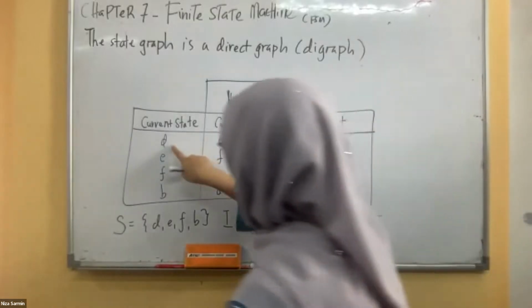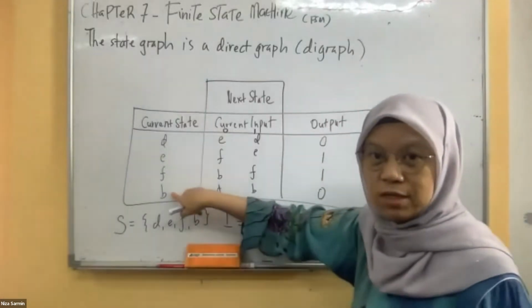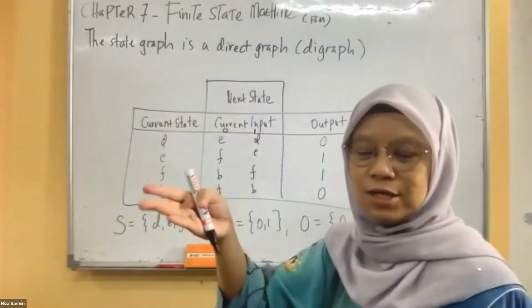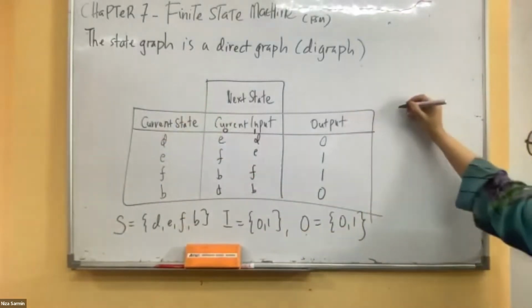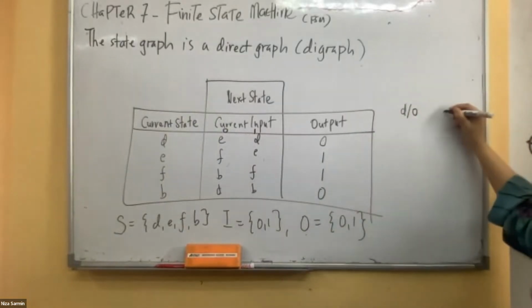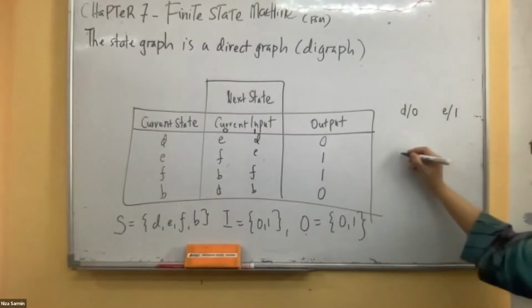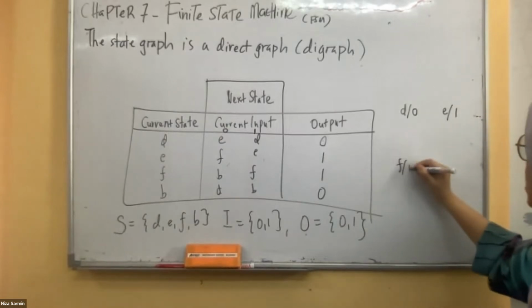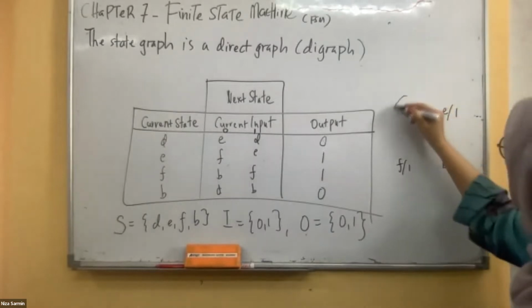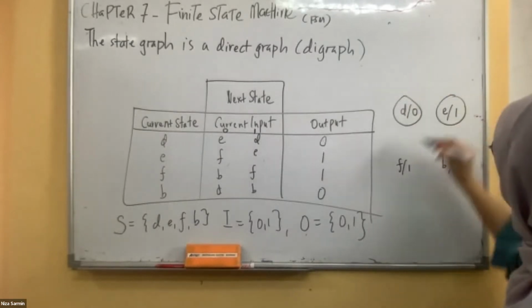So we have 4 vertices. The vertices of the graph come from the state and then the slash, the output. So I will have D/0, E/1, F/1, B/0. And we do the vertex like this.